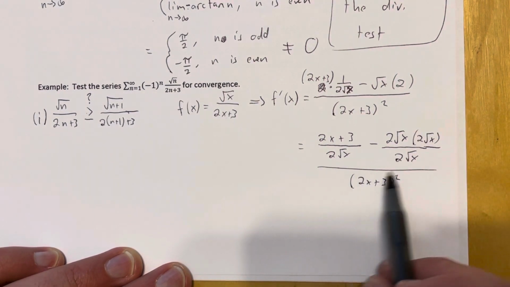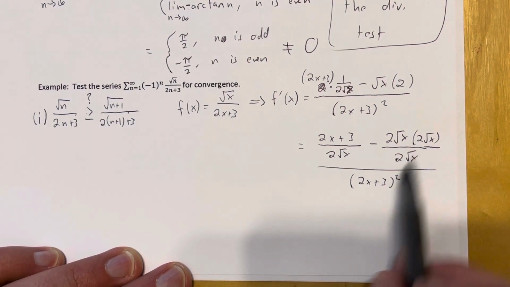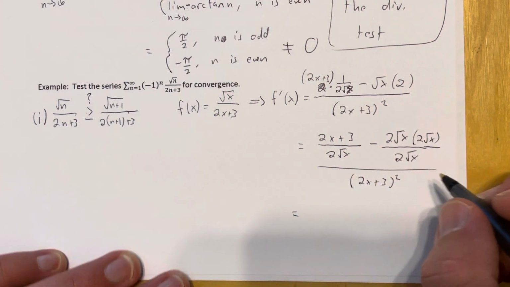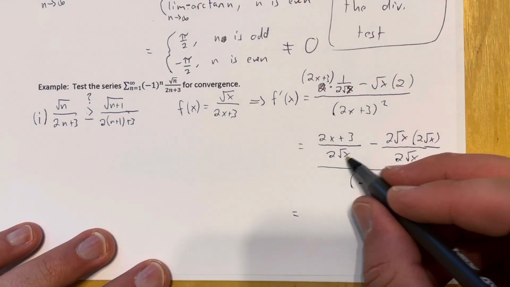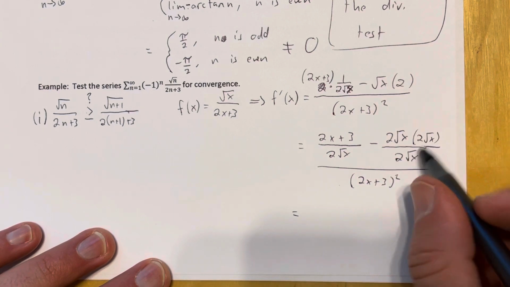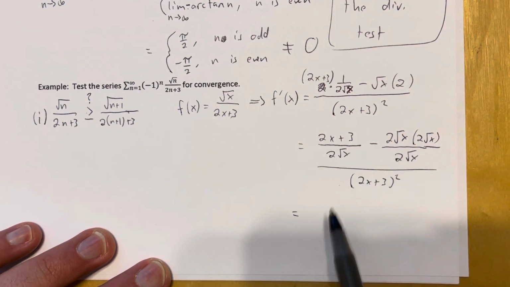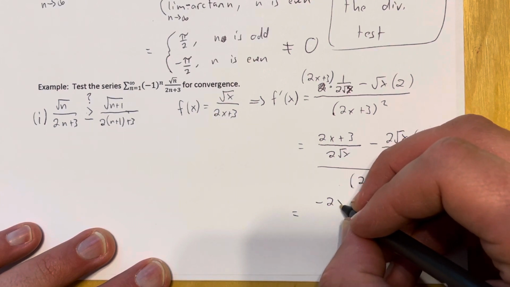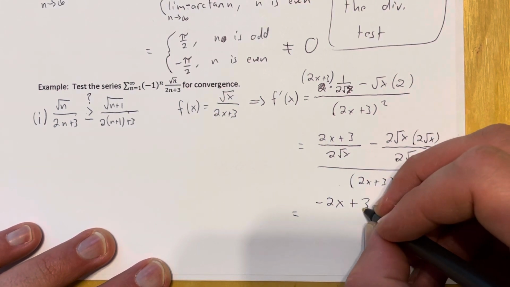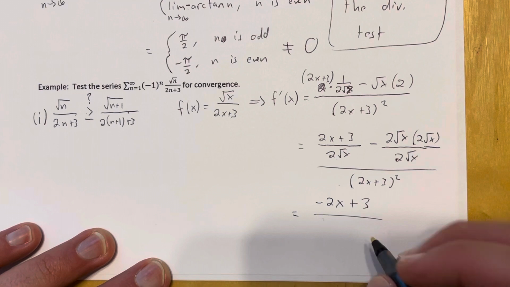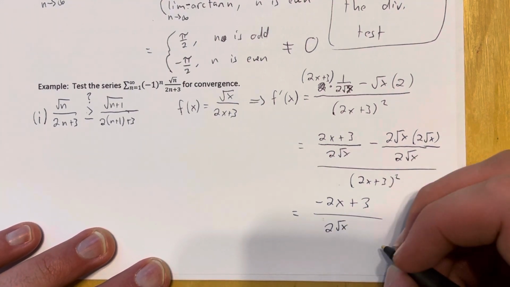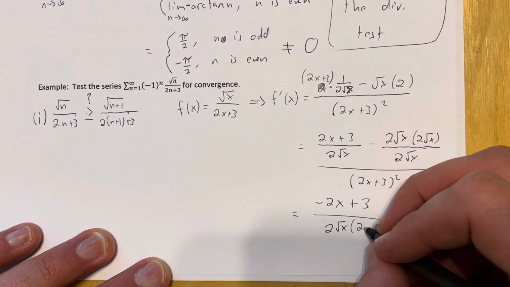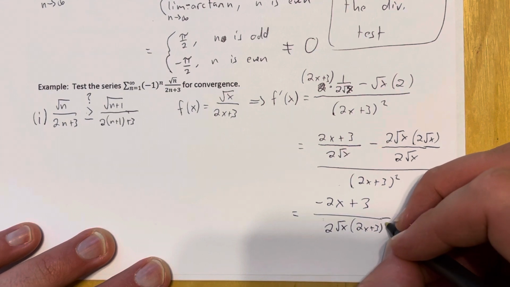Okay, so now I can multiply this. This would give me 4x here. And then I can subtract some stuff. So let's take this 2 root x, bring it down here. And then when I subtract this minus this, I'm going to get negative 2x plus 3 over 2 root x times 2x plus 3 squared.